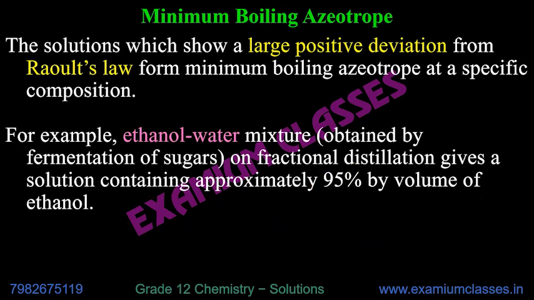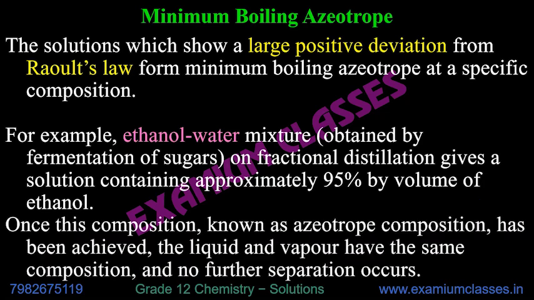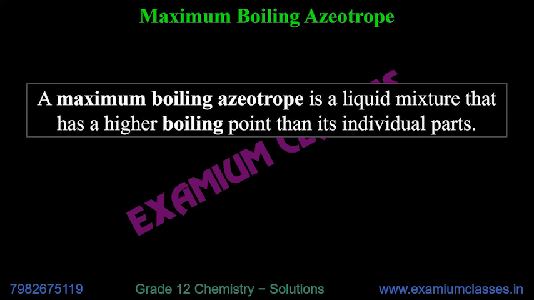All these examples important. So once this composition known as azeotrope composition has been achieved, the liquid and vapor have the same composition and no further separation occurs. After that, you can't separate by distillation. Maximum boiling azeotropes, opposite of that one.